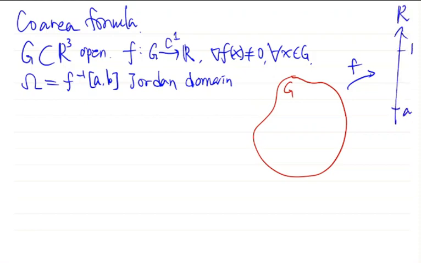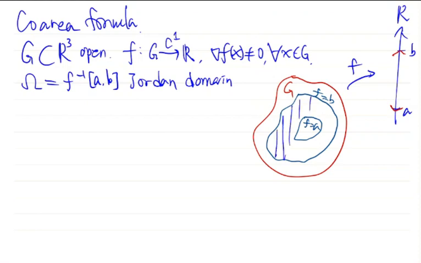This is A, this is B. So the pre-image of this part under the map F is a closed set in G. So this is a surface F equal to B, and this is another surface F equal to A. So the pre-image of omega is this part. This is omega.